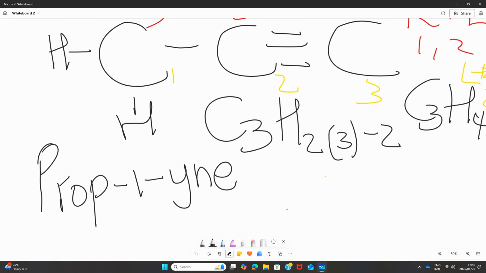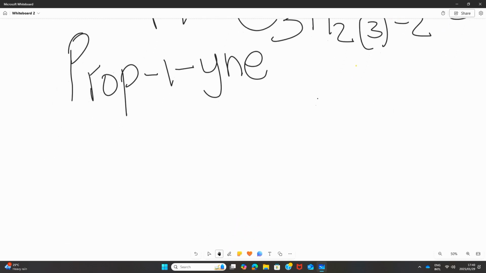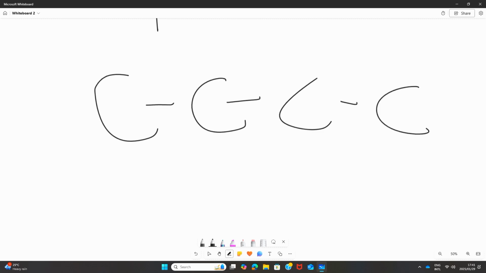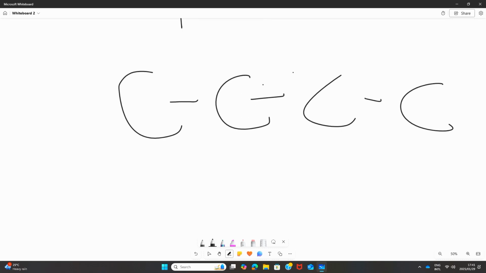Then, if you have 4 carbon atoms in the longest chain, you would have 1, 2, 3, 4. If your triple bond is on the inside, between these 2 carbons, counting from left to right this would be 1, 2.